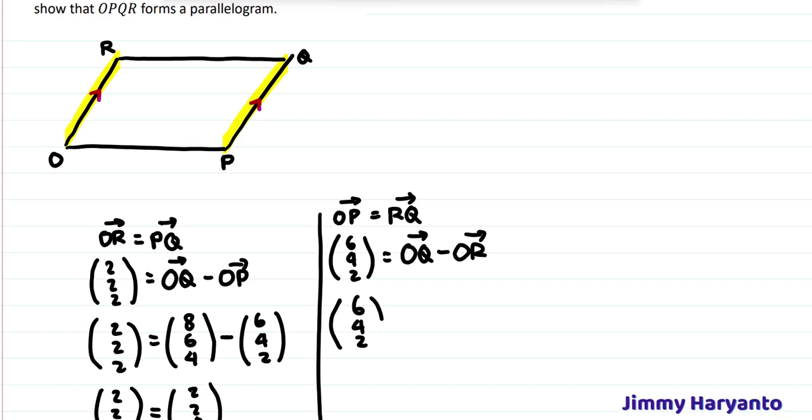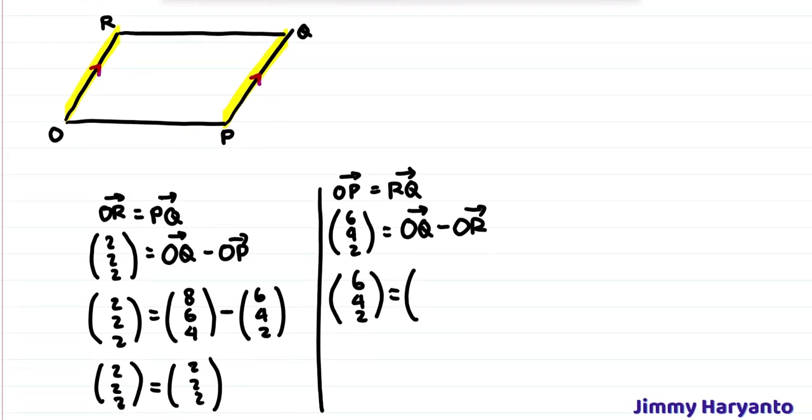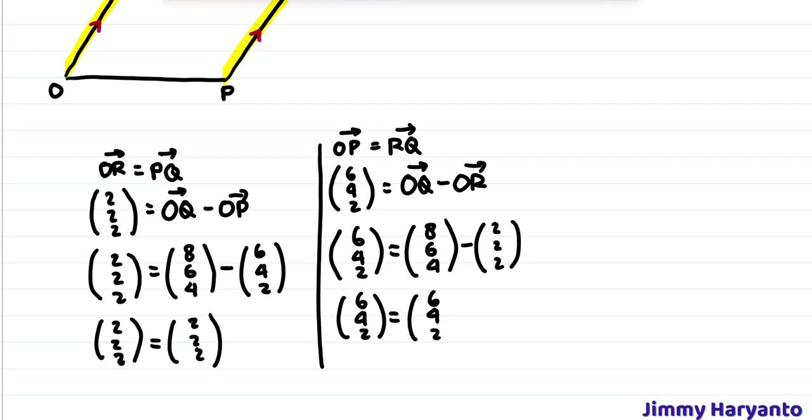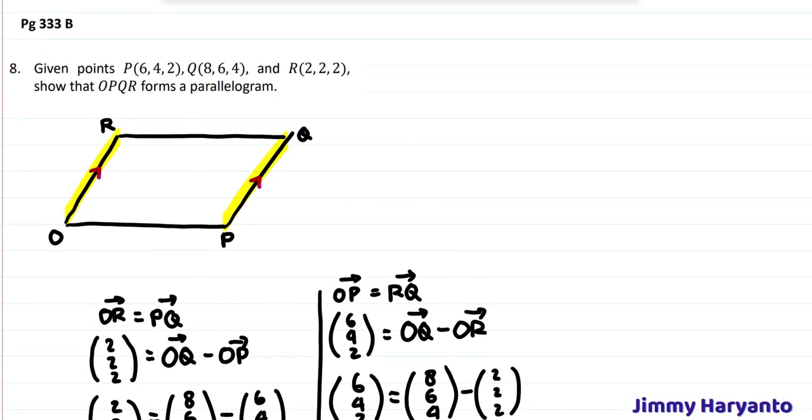So 6, 4, 2 equals OQ, which is 8, 6, 4, minus OR, which is 2, 2, 2. Okay, so we have 6, 4, 2 equals 6, 4, 2, which is the same. It means the sides of this are also equal and in the same direction.